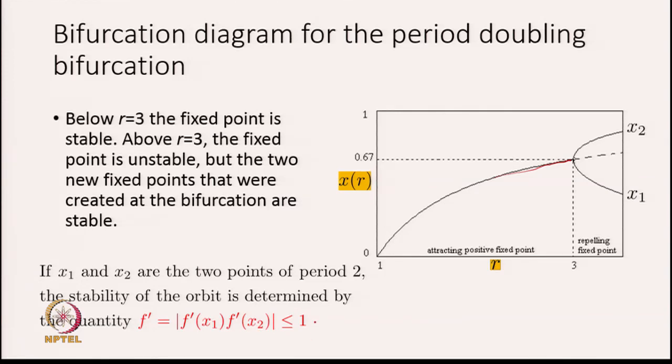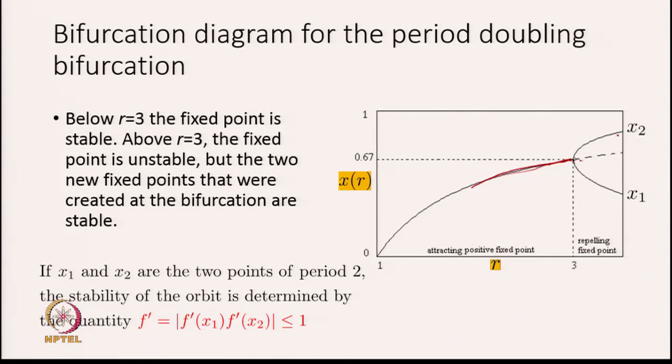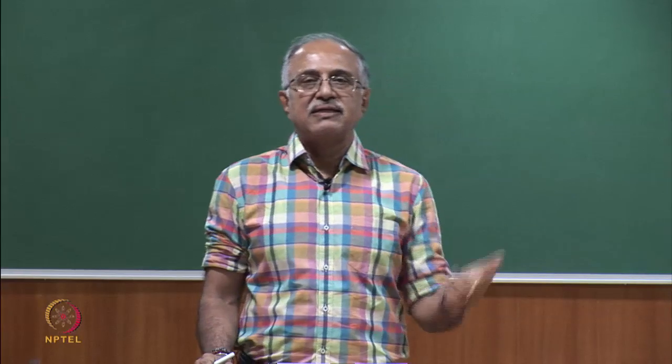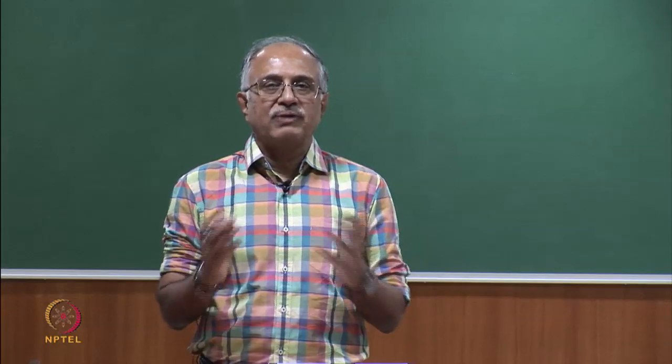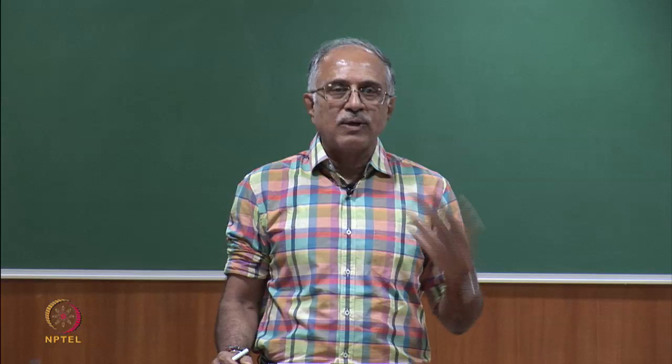We will come back to the stability of periodic orbits later on, but the important point to note here is that at a period doubling bifurcation, a period 1 orbit becomes unstable and a period 2 orbit is born. So, the period doubling bifurcation is characterized by the disappearance of an orbit of a particular period and the birth of an orbit of twice that period.